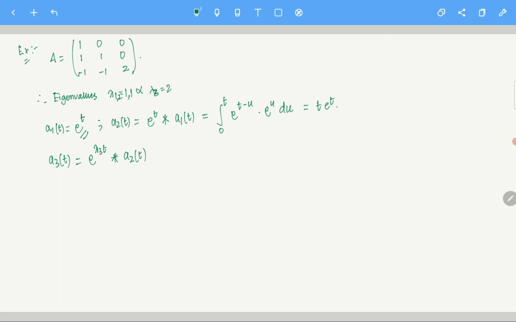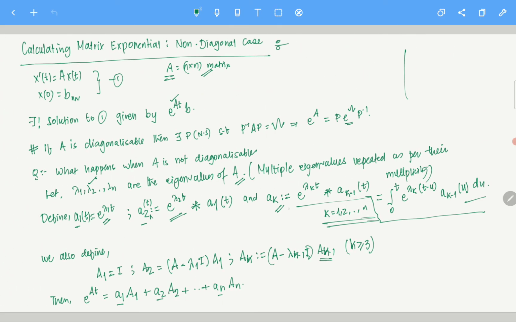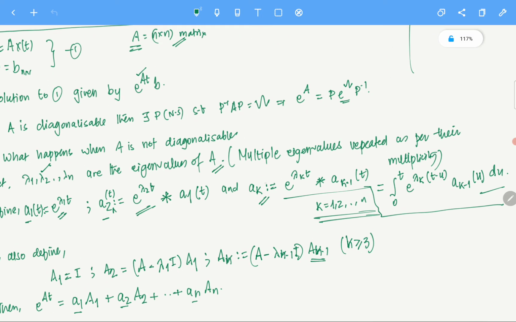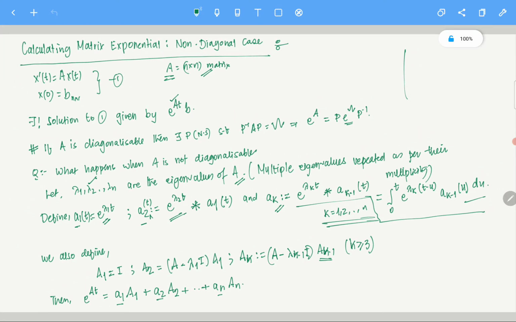Sorry, again, let me put it this way: a3 is e power lambda 3 t, the third eigenvalue, convolved with a2.